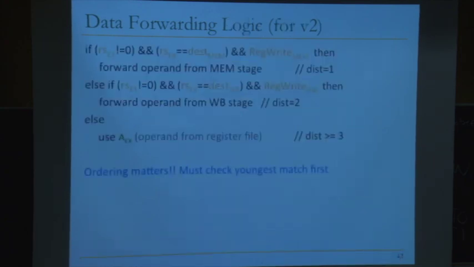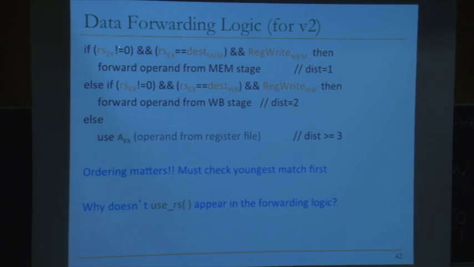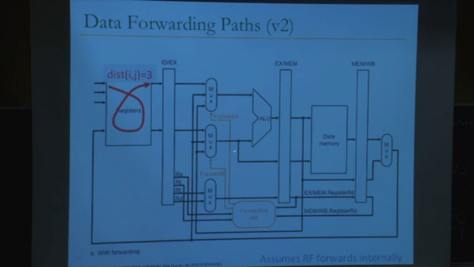Use RS means you need to check somehow whether the instruction in the execute stage is actually using a register, right? Why don't we check that? Well, because we just set up the muxes with the forwarding logic here. We still forward the data, but if the instruction is not going to use the data, we're not going to care about it anyway, right? So this is just setting up the muxes.